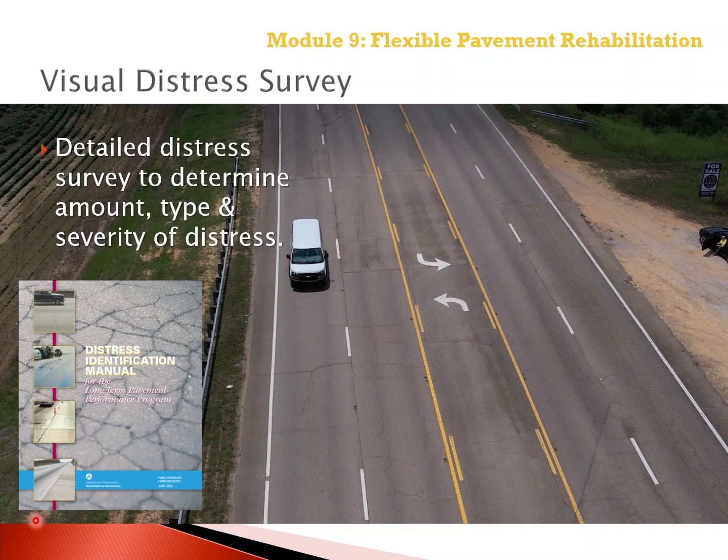The MEPDG Manual of Practice suggests that the Distress Identification Manual be used to establish on a consistent basis the types, amount, and severity of the distress located along the project considered for flexible pavement rehabilitation.